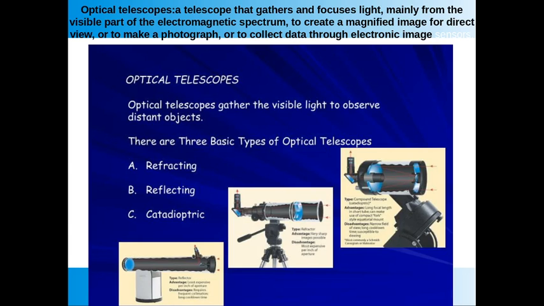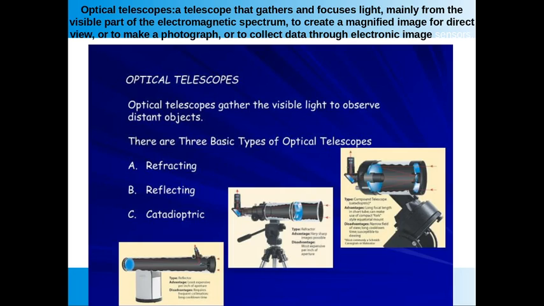There are different types of telescopes. The first one is the optical telescope, where light is gathered by using lenses or mirrors. There are other types of telescopes like radio telescopes, infrared telescopes, and X-ray telescopes.